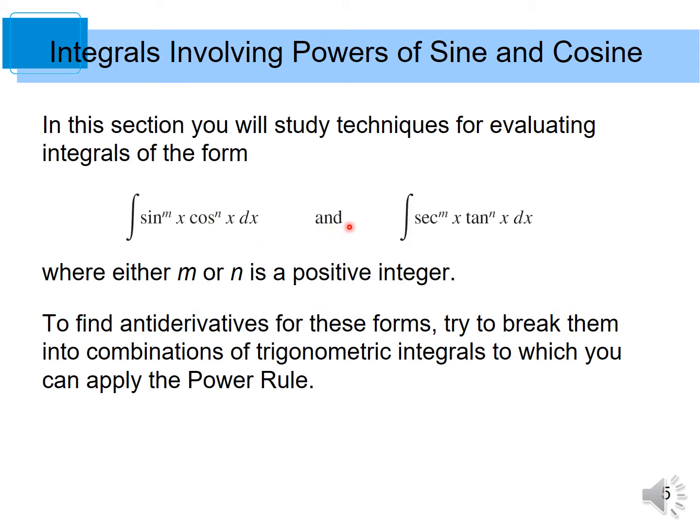And for the second case, integrate secant to the power m of x times tangent to the power n of x with respect to x, where either m or n is a positive integer. To find antiderivatives for these forms, try to break them into combinations of trigonometric integrals to which you can apply the power rule.